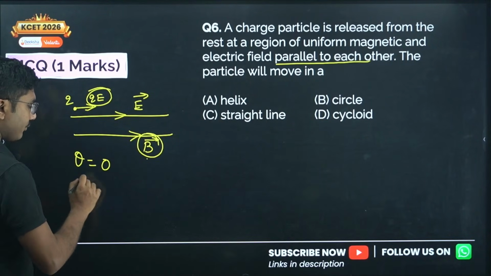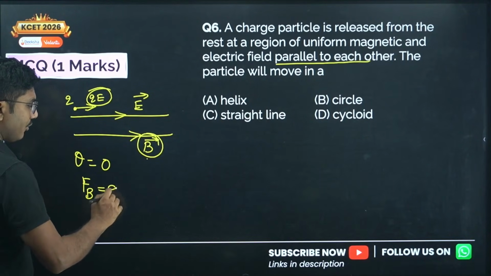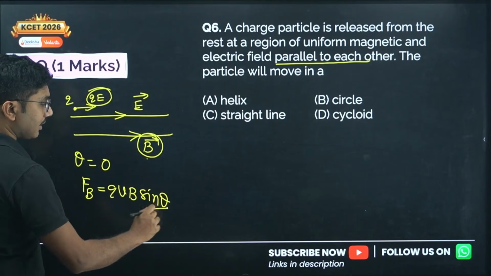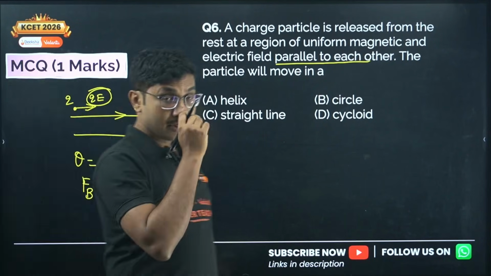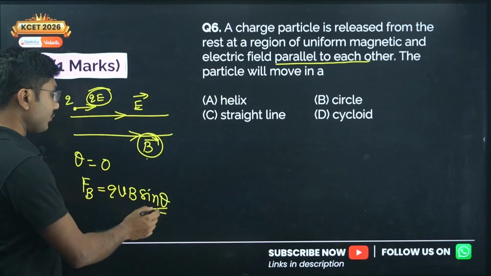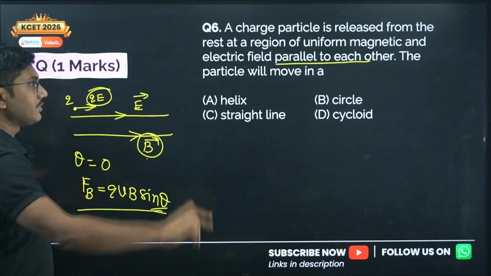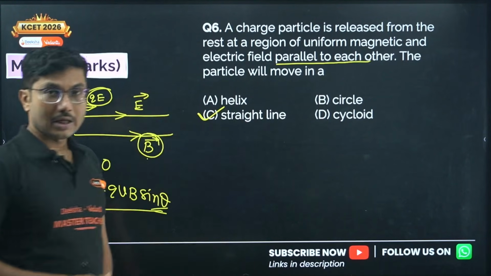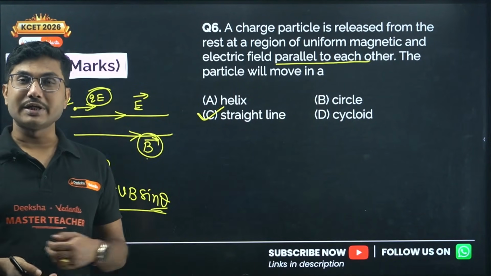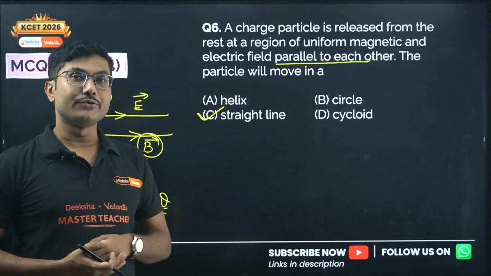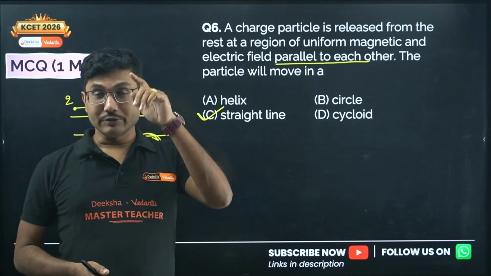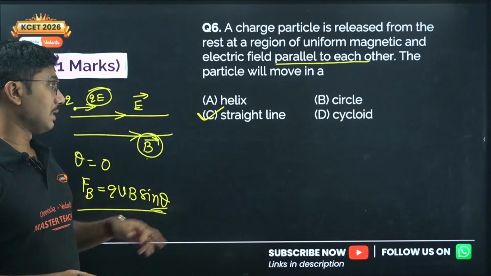We know that magnetic force is given by QVB sine theta. Because theta is 0, sine theta will be 0, so magnetic force will be 0. So it will move in a straight line. The particle will move in a straight line because of the electric force, but magnetic force will be 0.